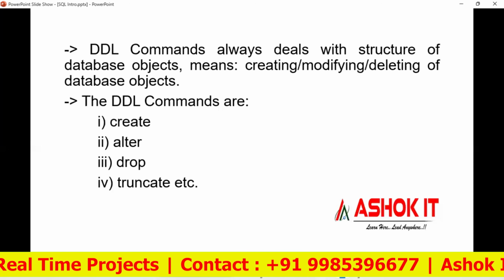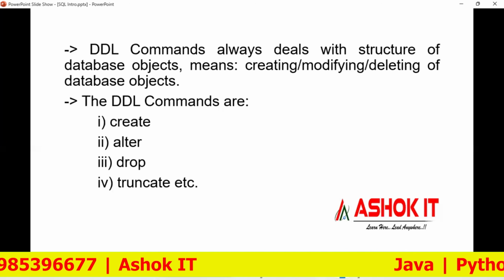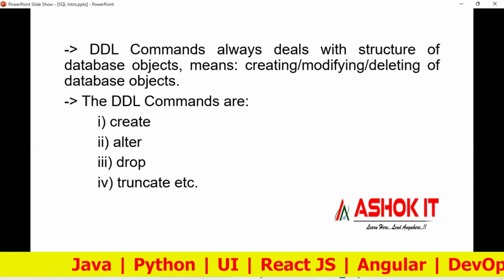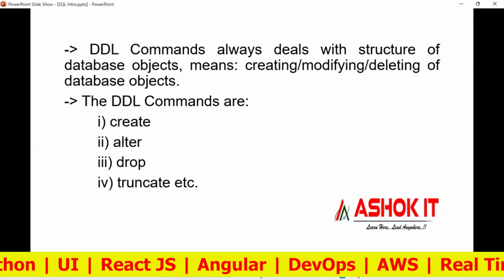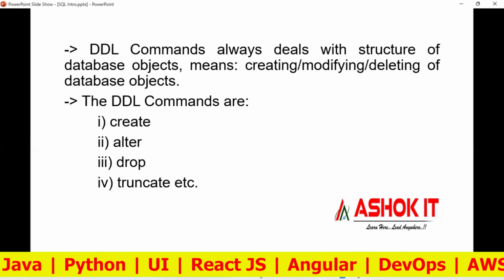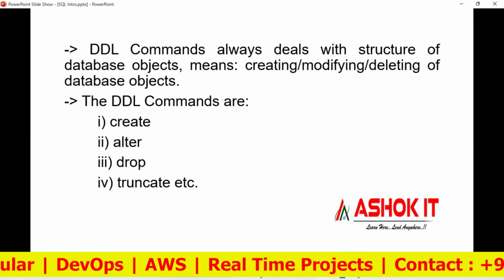Generally, the data definition language commands or DDL commands deal with the structure of the database object. As you already know, database objects like tables, views, indexes, etc. So the DDL commands are always based on the structure of the database object.